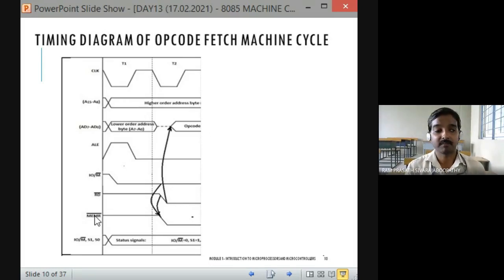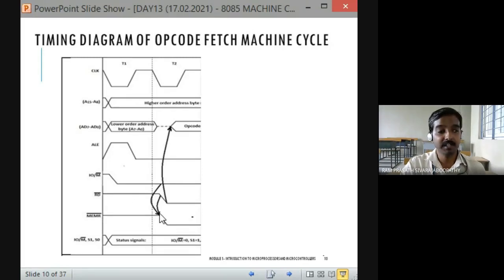The memory read bar, memory write bar, IO read bar, IO write bar signals are generated externally by us. Only RD bar and IO/M bar are from the microprocessor. The memory read bar signal is generated by the user with the help of IO/M bar and RD bar.